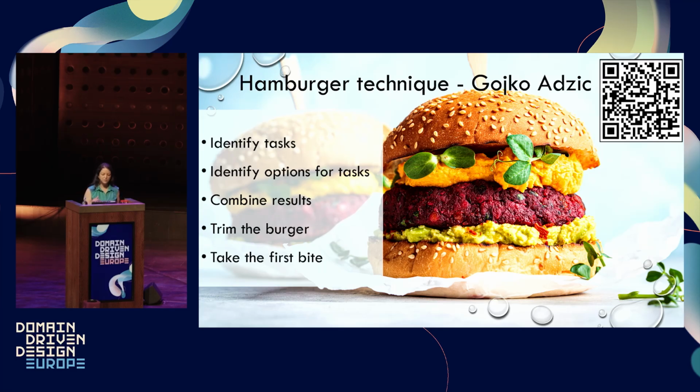You can split the user story or the feature. Let's have an example. You can identify tasks first, identify the options of each task, combine the results, and then trim the burger and take the first bite. We'll see an example to understand it more.